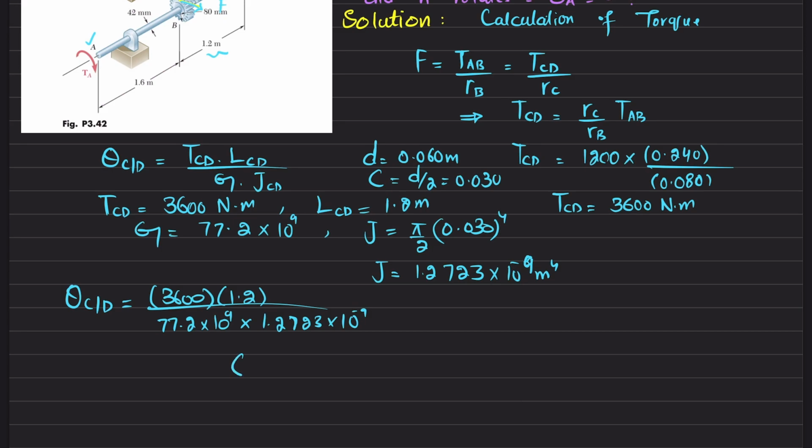When you calculate it, you will get the angle of twist of point C with respect to D equal to 43.981 into 10 raised to the power minus 3 radian.